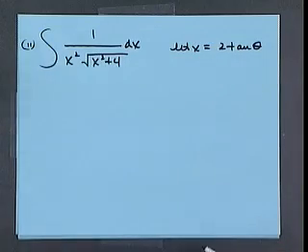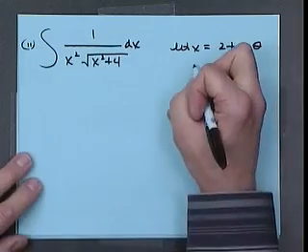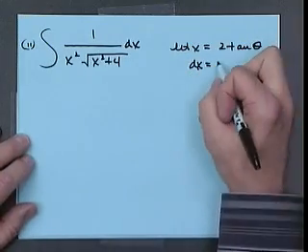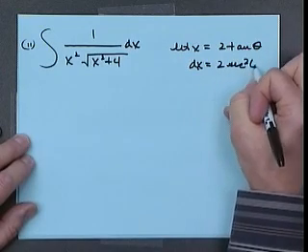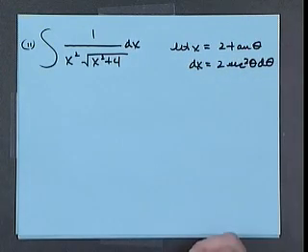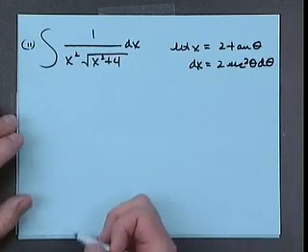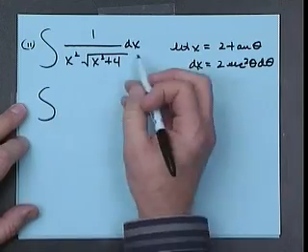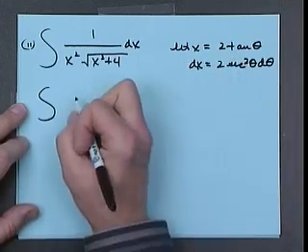So tell me, now that we've done an example of this type, what's next? Find dx. What is dx? 2 secant squared d theta, right? Changing the problem from an x dx problem to a theta d theta problem. I guess we just go ahead and do that, right? Numerator is 1, and also in the numerator is dx.